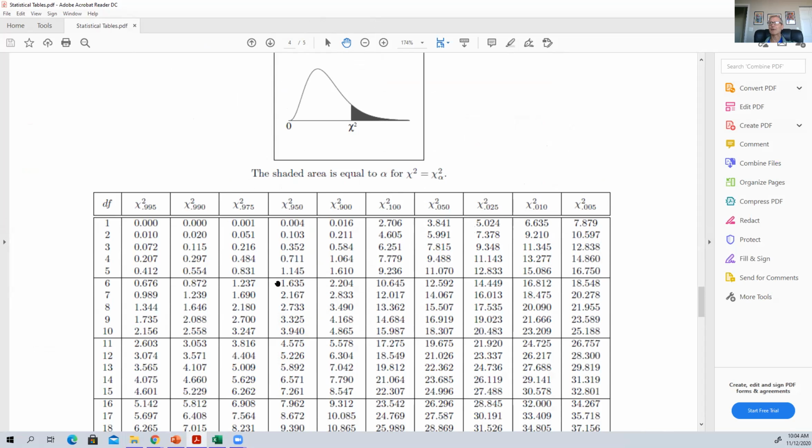I will be referring to this table. Say we had a degrees of freedom of 12, and we go over to 0.05 or 5% for the alpha. You can see our chi-square number is 21.026.